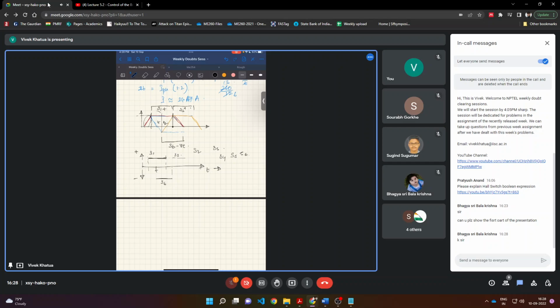Here you can see that S3 is going to start from here. Let me use another color, right? S3 as here. Okay, so after t by 2 you will have the red one going in the negative, and, no, wait, 1, 2, 3, 4, this will start rising.